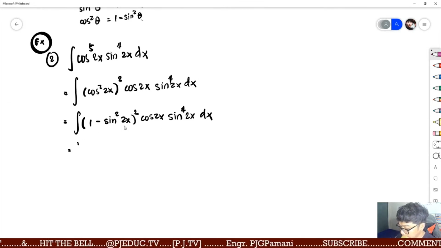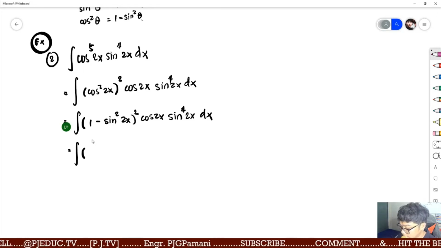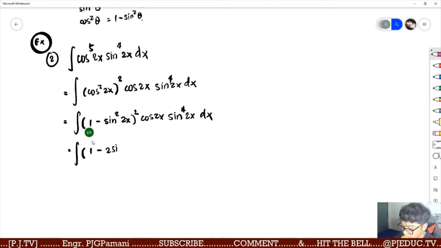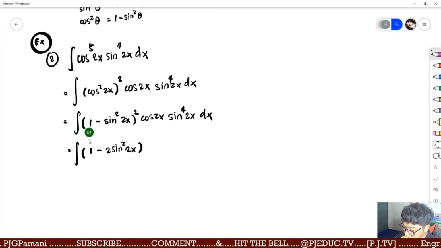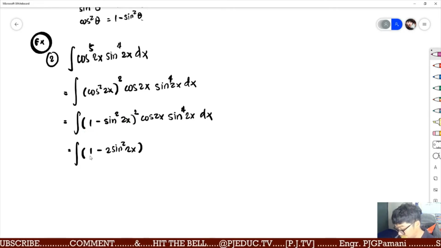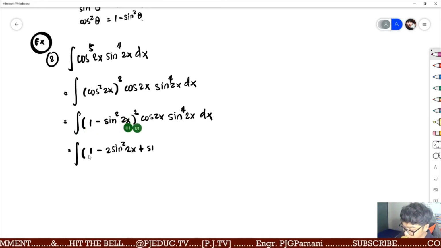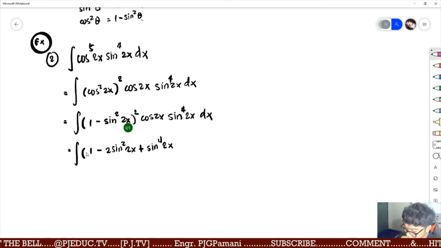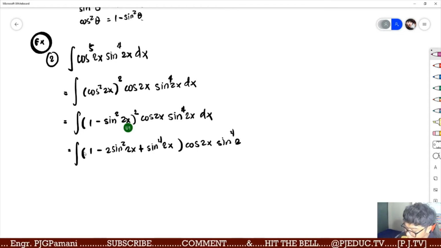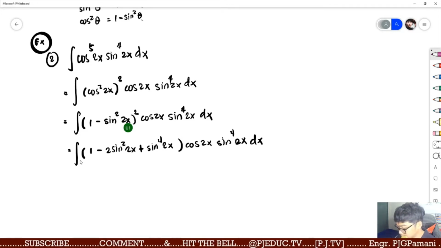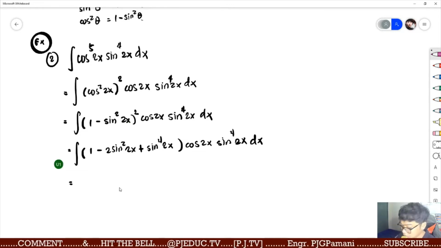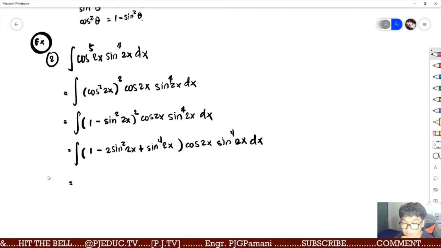So basically, let us expand our term within the parentheses. That is 1 minus 2 sine squared 2x plus sine raised to the fourth power 2x, times cosine 2x, sine raised to the fourth power 2x dx. We could then distribute the term outside the parenthesis.